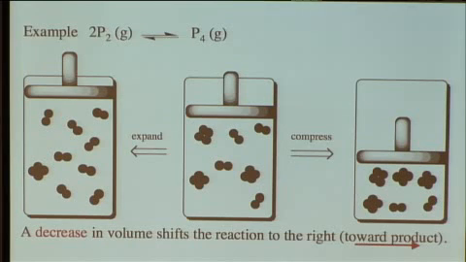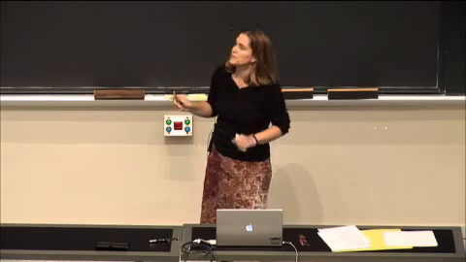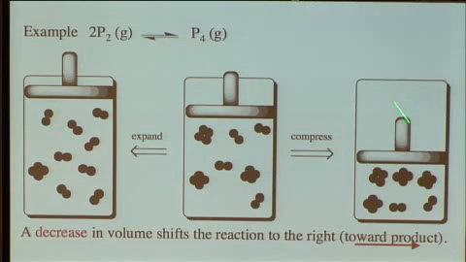So if we decrease the volume of the system, then the reaction should shift toward products. So let's think about that. Here in the middle, we have our system. And then on one side, what happens when you decrease the volume, and on the other side, we're expanding the volume. So first, let's consider our system when we compress, decrease that volume.